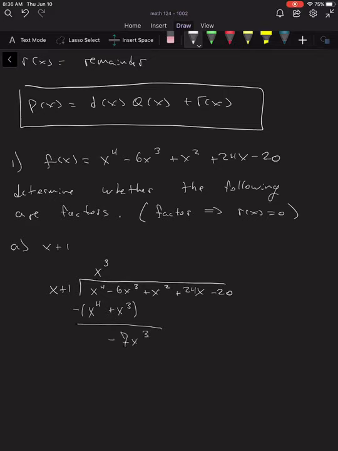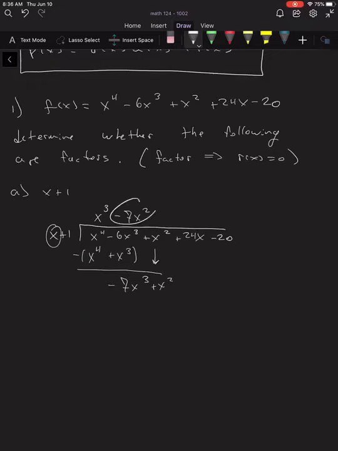And then we repeat those same steps again. What do we need to multiply by x to turn it into minus 7x to the 3? That's going to be minus 7x to the 2. So we do that multiplication, and then we bring down the next piece, plus x squared. Now we multiply this minus 7x to the 2 back to these, and do that subtraction again.